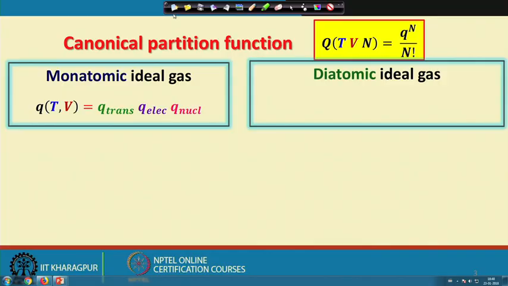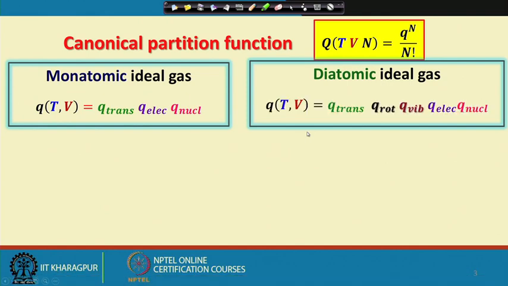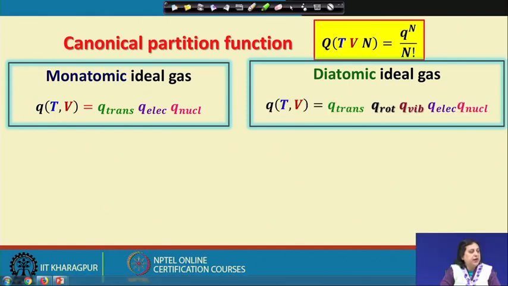Now, if we compare what has happened in the case of the diatomic ideal gas, where each particle in the gas is a molecule comprised of two atoms, we find that we have the same terms as in the case of the monatomic ideal gas, such as q trans, q electronic and q nuclear, but here we have two additional terms coming in because of the presence of an underlying molecular structure in the form of a chemical bond between the two nuclei of the system.